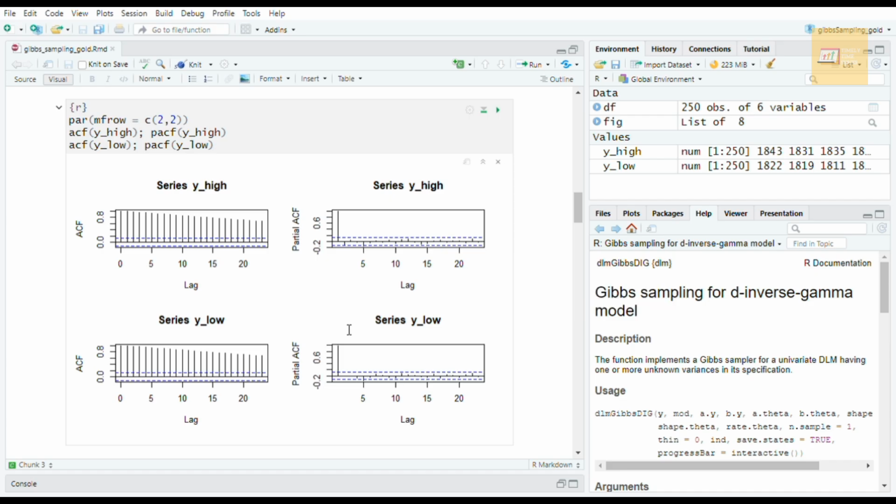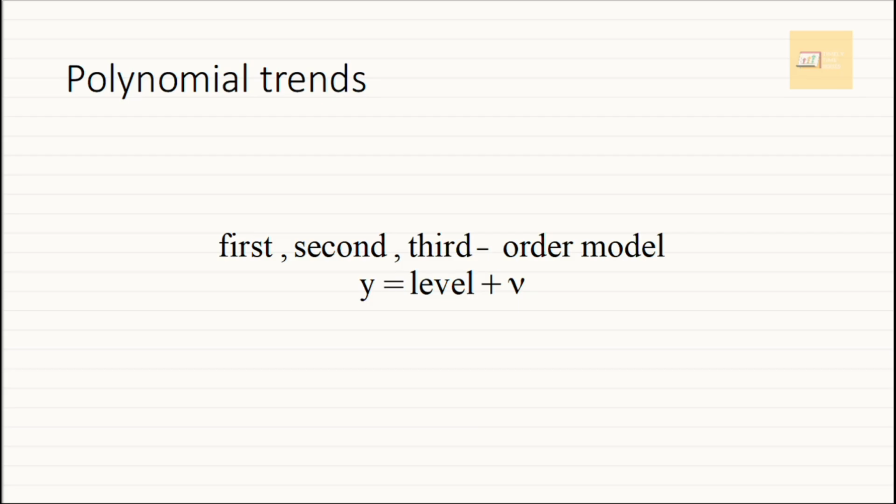And from these subplots, we can conclude that the gold prices are non-stationary, which is very common in financial time series, which is why I used dynamic linear model in the first place, because it doesn't need a stationary time series. We can just put it into the model and filter it. Filter is like training it. Okay, so let's talk about polynomial trends now.